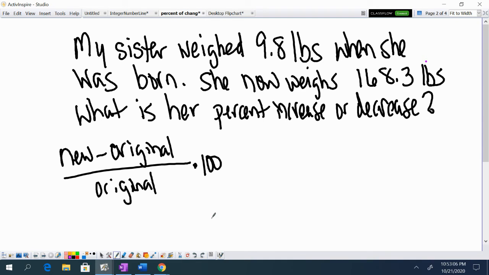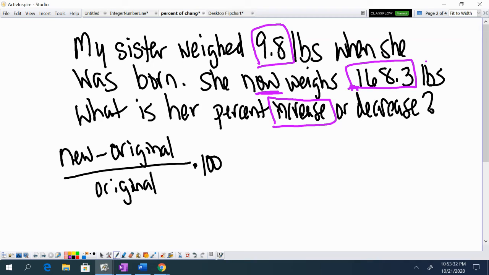On this one, my sister weighed 9.8 pounds when she was born. She now weighs 168.3 pounds. What's her percent increase or decrease? Well, I hope, since she grew up and she's an adult now, that should be an increase, and it is because this second amount here is obviously bigger.